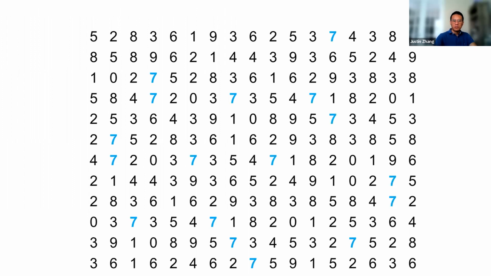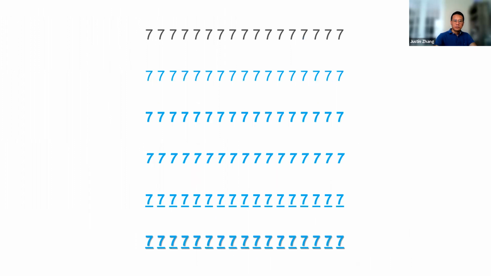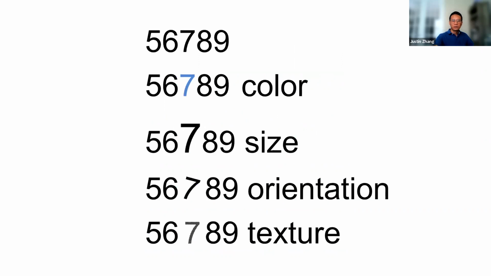How about we make it bold and underlined? You can see the differences, the changes we make to make it easy to find the number of 7s. The number of 7s we want to count is like the information. If we make some changes, we can make it easier to detect the information, to summarize the information in the raw data set.